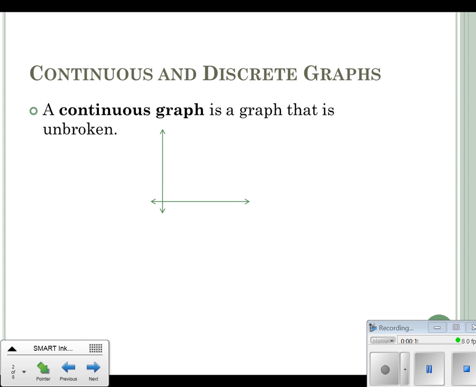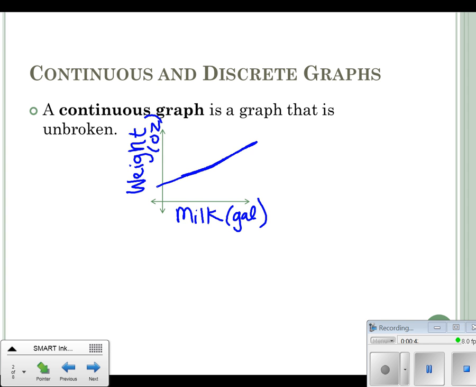So if I was looking at two variables like milk in gallons and the weight of, let's say, cheese in ounces, I would see that the more milk in gallons, the heavier, the more ounces.